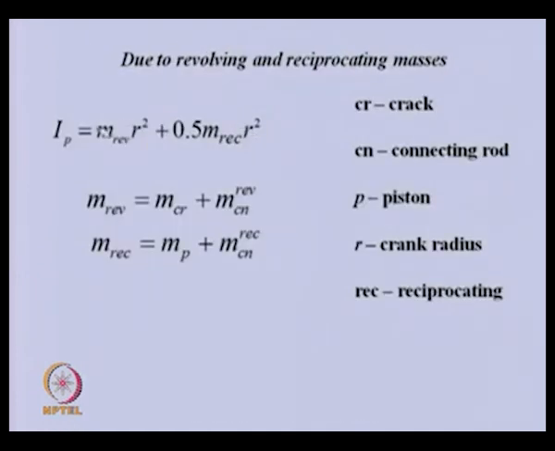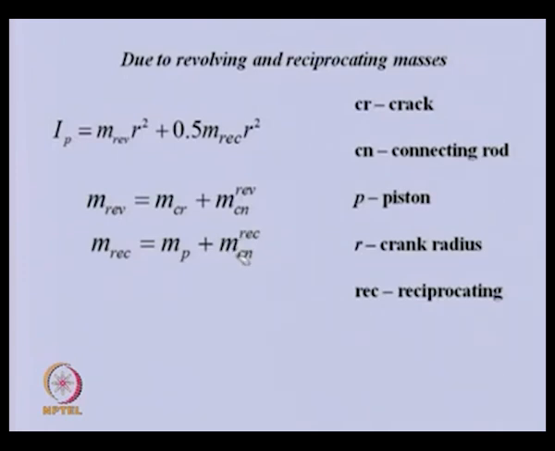You can see this contains the crank itself and the connecting rod, and this contains the piston and the connecting rod, because earlier we converted the connecting rod to a purely rotating and a purely reciprocating part.